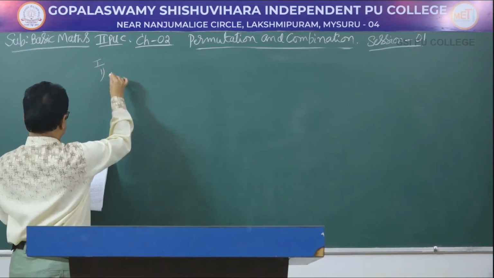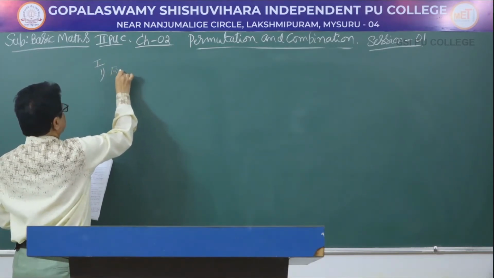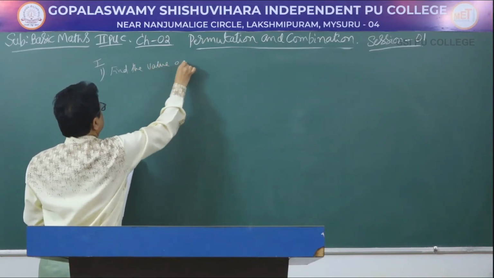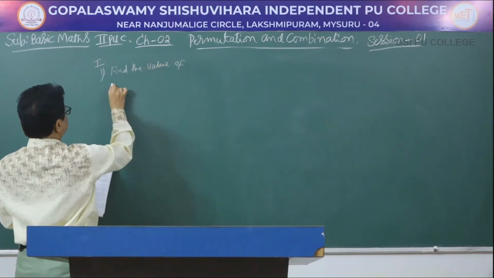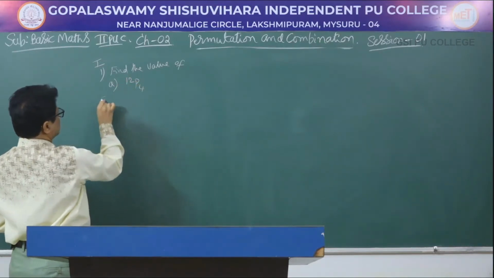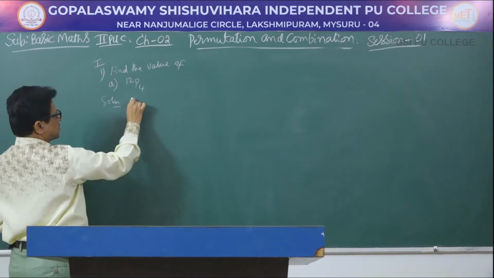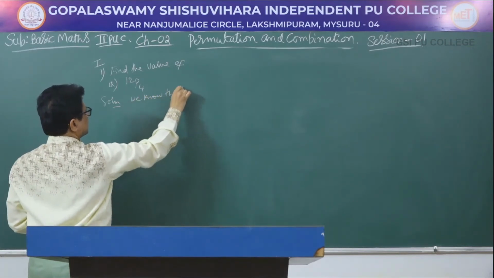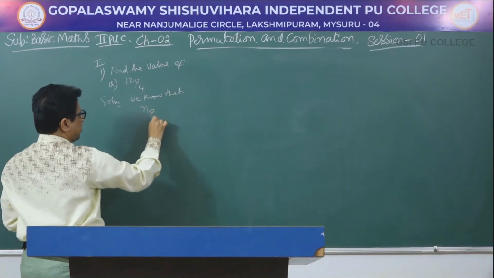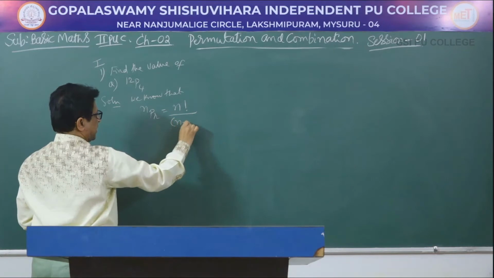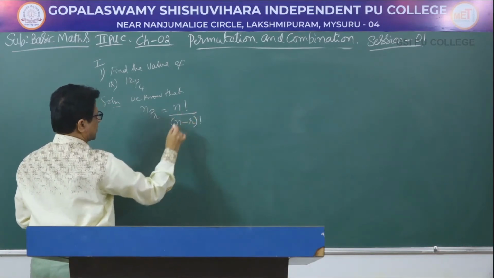First problem, find the value of 12P4. Solution. So we know that nPr is equal to n factorial by (n minus r) factorial.